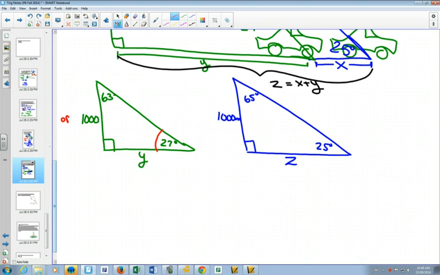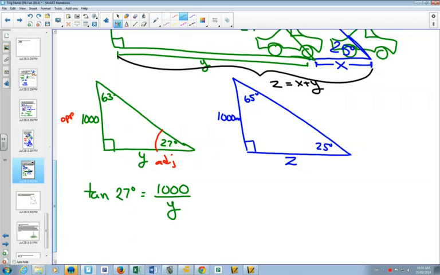this is my opposite side. The one I want to find is my adjacent side. SOHCAHTOA. Which one has opposite and adjacent? Tan. So we'd go tan of 27 equals the opposite side over the adjacent side.